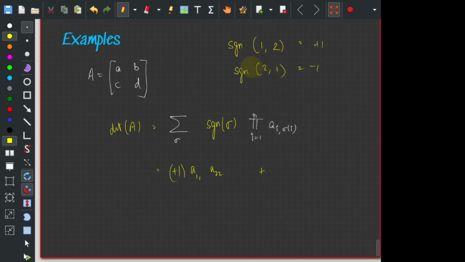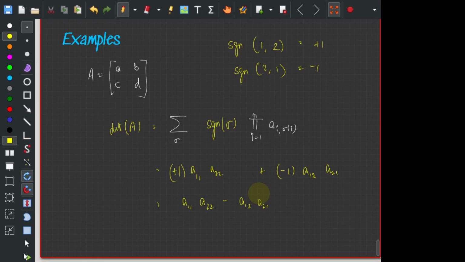The second permutation is 2, 1, with sign -1, times a1 sigma of 1, which is a12, times a2 sigma of 2, which is a21. So it is a11 a22 minus a12 a21. This is what you would have seen in high school.